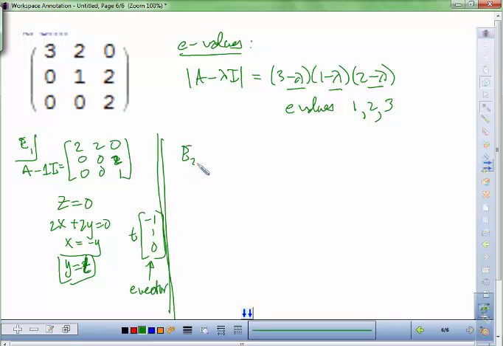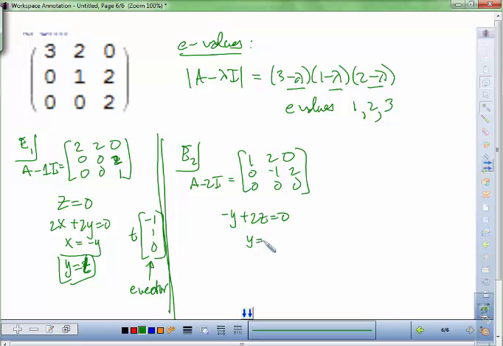Now let's find the eigenspace for 2, eigenvalue of 2. We do the same thing. A minus 2I is going to be, subtract 2 from the diagonals. That would be 1, 2, 0, 0, minus 1, 2, and 0, 0, 0. So that's gone. So from the second row, we have the relationship minus y plus 2z is equal to 0. So this can give us z, our free variable parameter t.